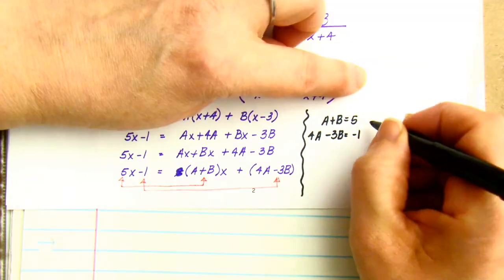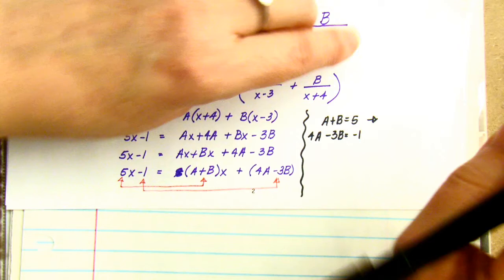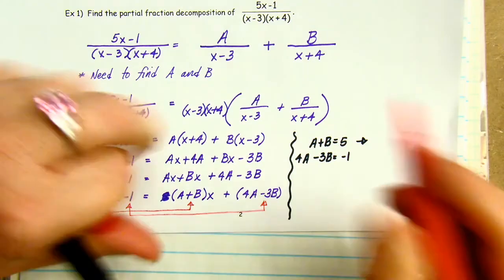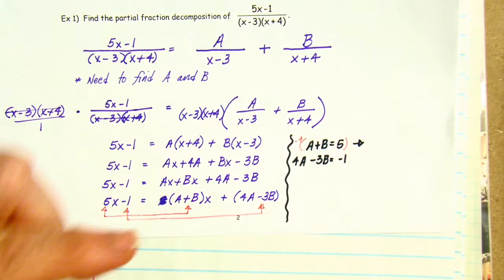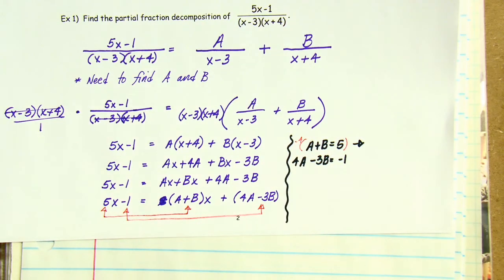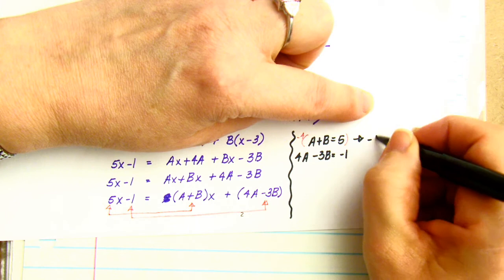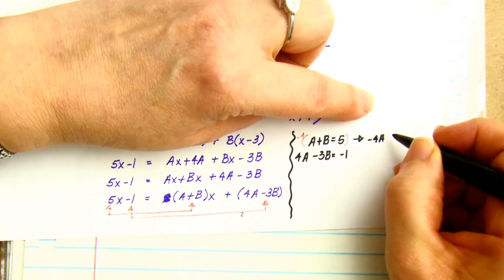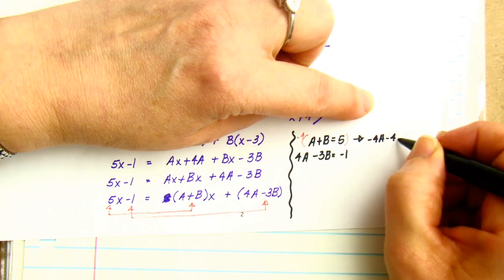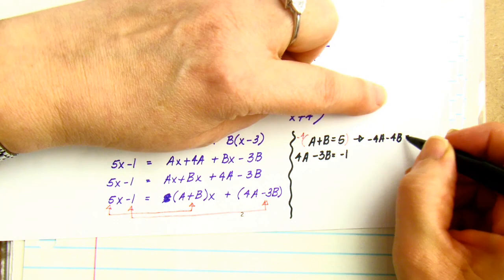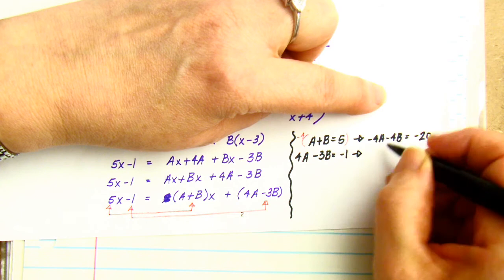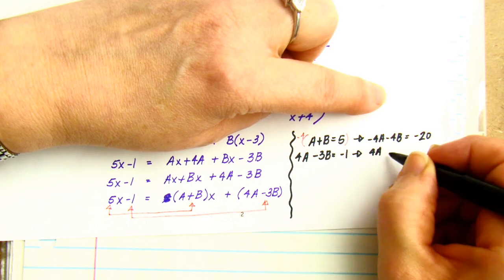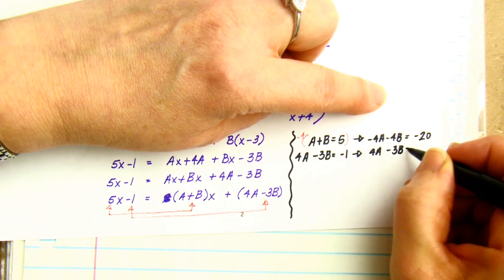So the top equation, after I multiply by negative 4 to make it the opposite of 4a, is negative 4a, subtract 4b, equals negative 20. Copy equation 2 down. 4a minus 3b is negative 1.